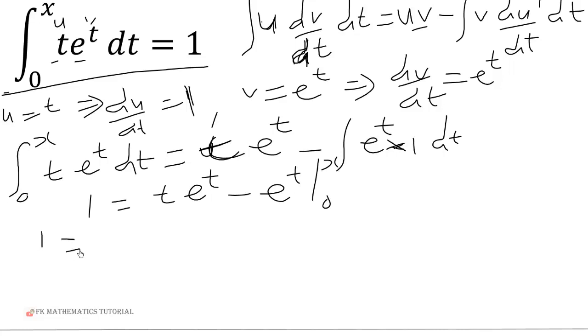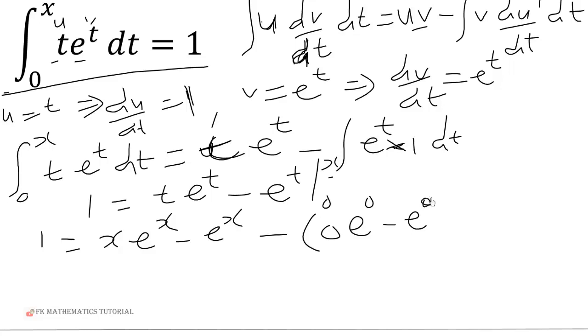So 1 is equal to, we sub in the x, so x e to the x minus e to the x, then minus, in brackets, 0: we sub in the 0, 0 times e to the 0 minus e to the 0. So when we simplify this, we get 1 is equal to x e to the x minus e to the x.